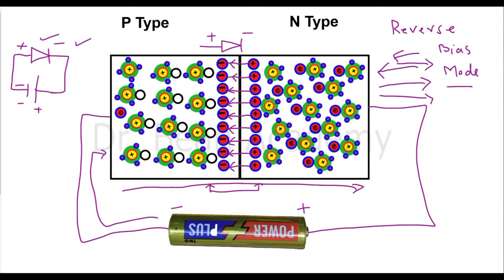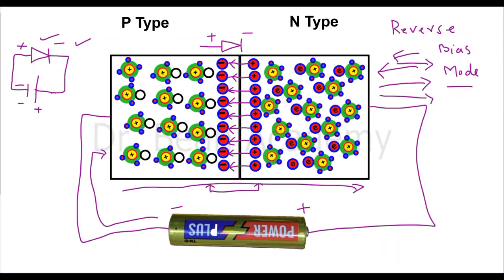I call them minority charge carriers. To this electron, it's like a forward biasing, because now this is the negative side and this negative will push this electron towards the other side. And I told you that still you will see some current even if it is in reverse bias mode and no electron can pass. Electrons in the n-type region are unable to cross this.